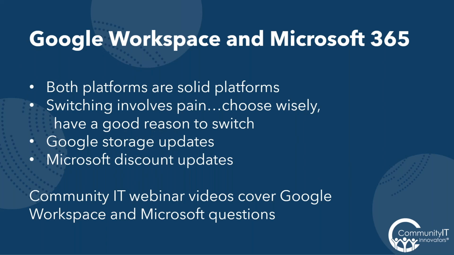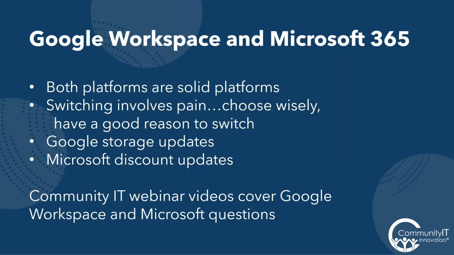We have some updates to pass along. Google recently updated its storage limit. Previously they had allowed 30 gigabytes per person, and that was it. Once you had used up your 30 gigabytes, you ran out of space, or you had to purchase more space or increase the license tier in order to get more space.